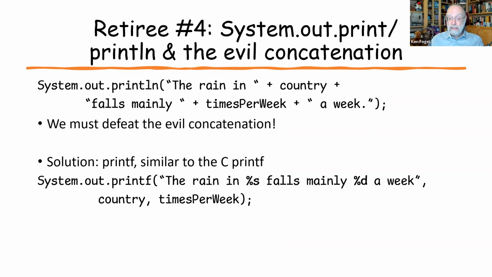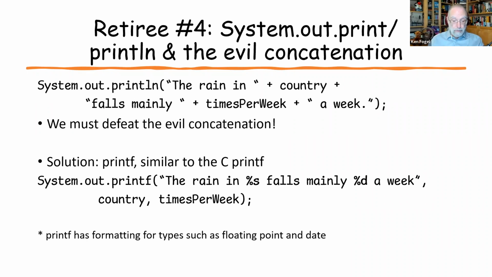And as a bonus, these placeholders can also contain formatting information. We can determine how many decimal places we want for floating point, we can even define how a date should appear using the syntax in System.out.printf.